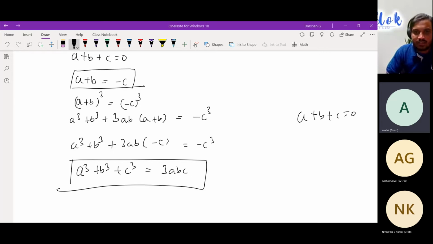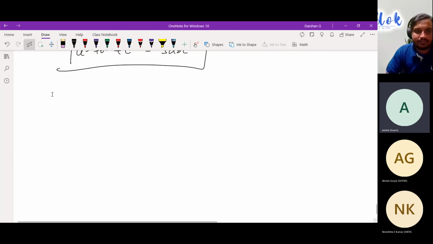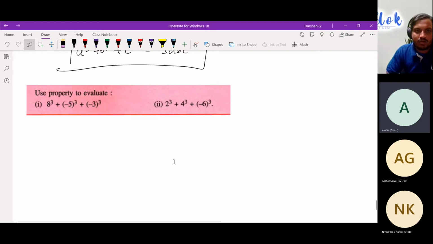So can we solve this? Use the property to get the answer. Use the property a³. That's it. I won't tell anything. Use the property to get the answer.